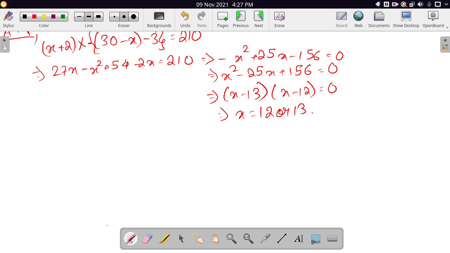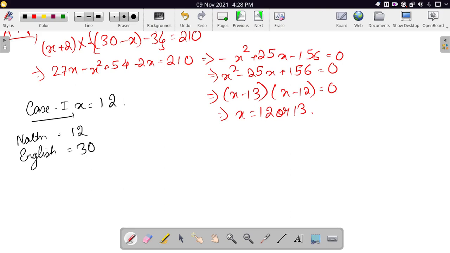So now here again comes the thing of case 1 and case 2. Suppose case 1, x is equal to 12. So the marks in maths will be 12. Marks in English will be 30 minus 12, 18.